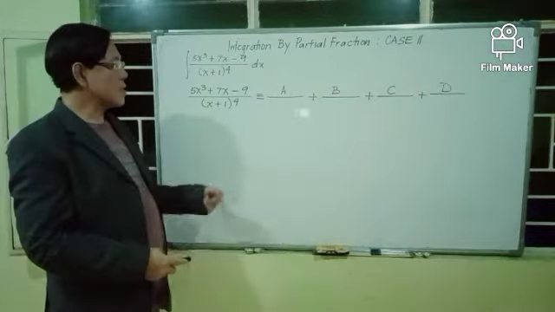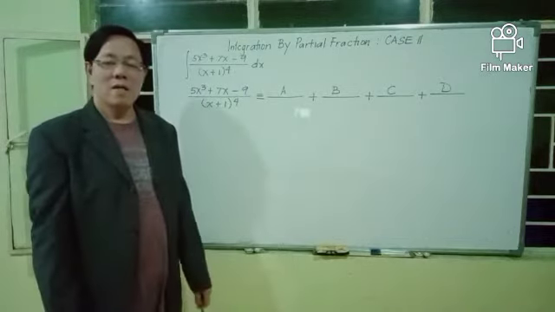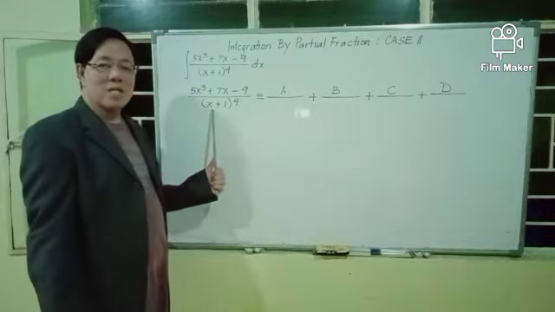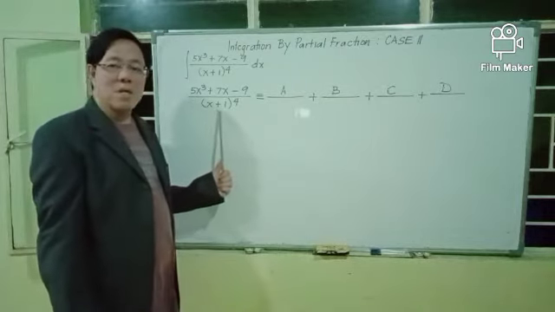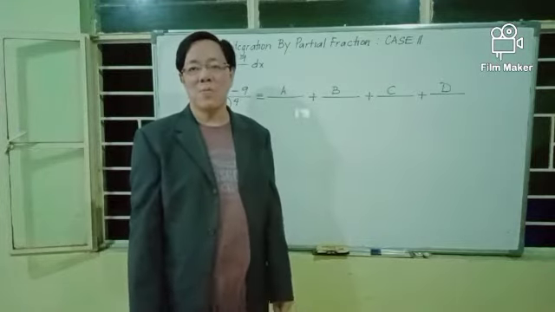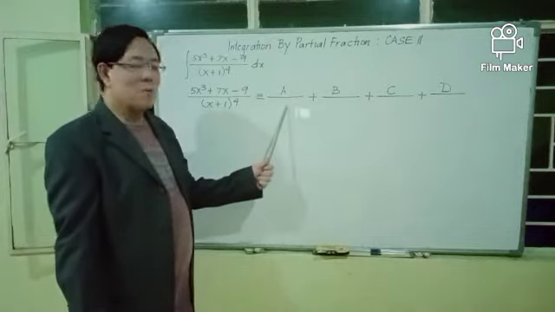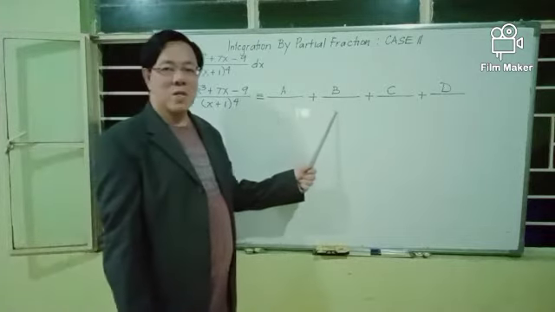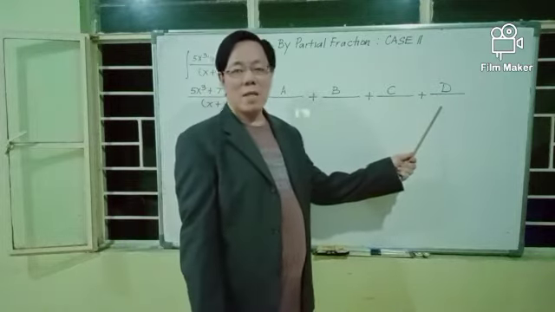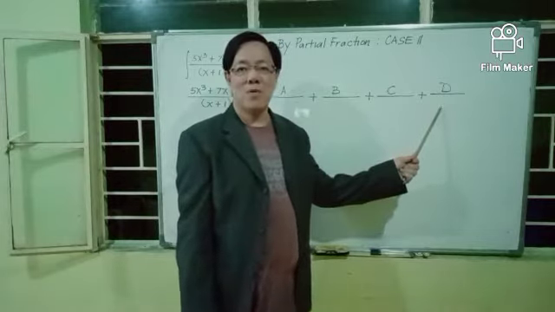The denominators of these partial fractions are all the same with the factor x plus 1, but the exponent of x plus 1 from the first to the last partial fraction will be increasing. The exponent will begin with 1, and then x plus 1 to the power 2, then x plus 1 to the power 3, and the last denominator will be x plus 1 to the power 4.